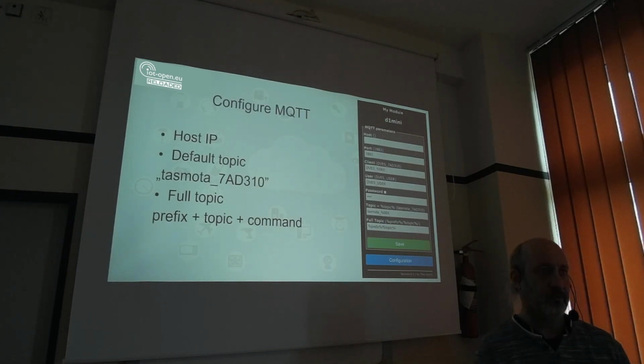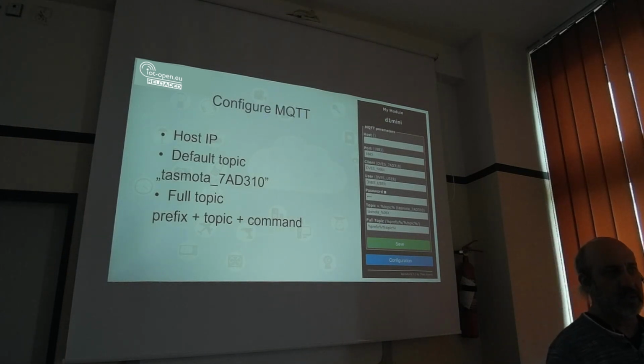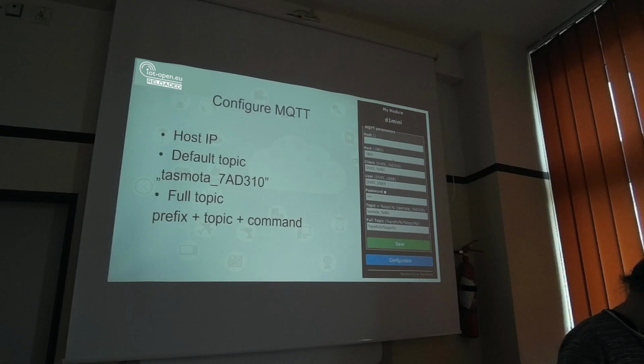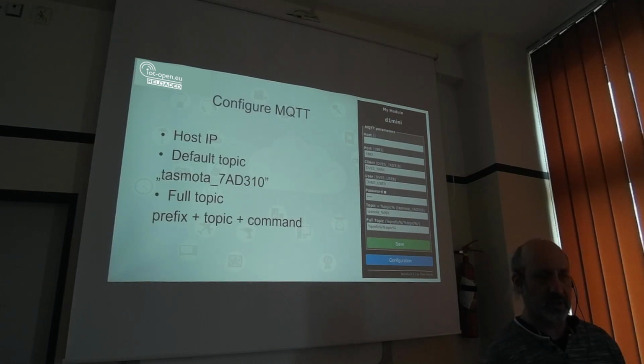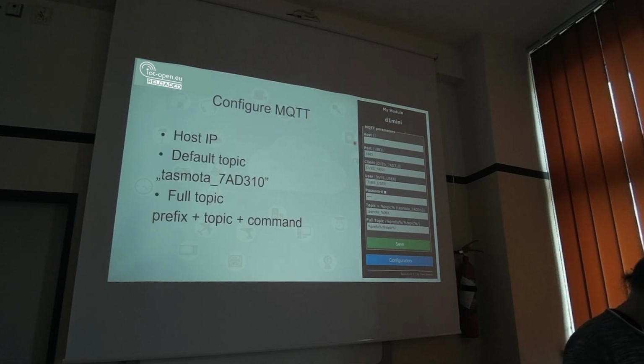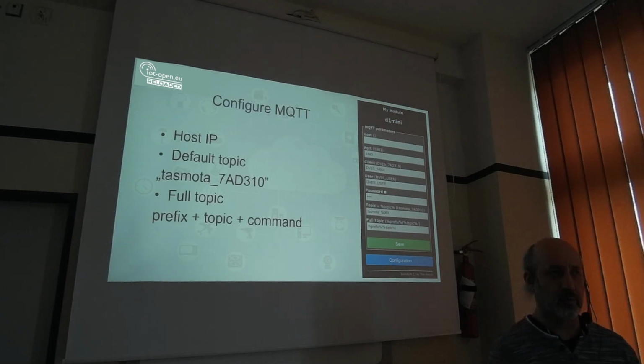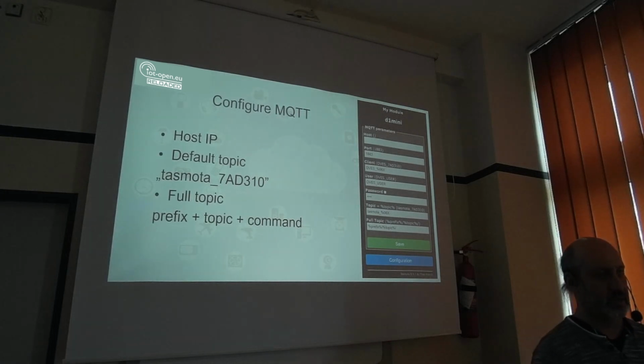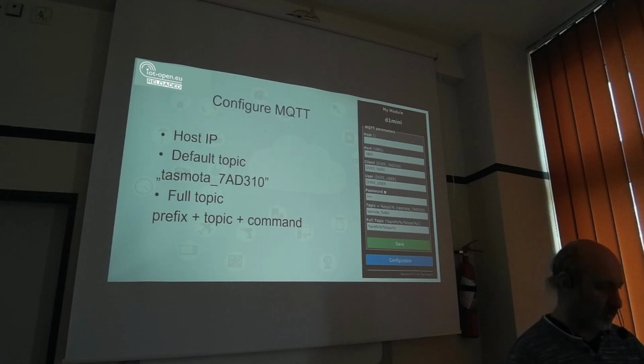We can, of course, configure our D1 Mini for the MQTT protocol. So we need to provide the IP of our host, which is the address of the MQTT broker, the port of the MQTT broker, and the client is generated automatically and normally differs for every ESP8266 chip, because this number is created based on the serial number of the chip.